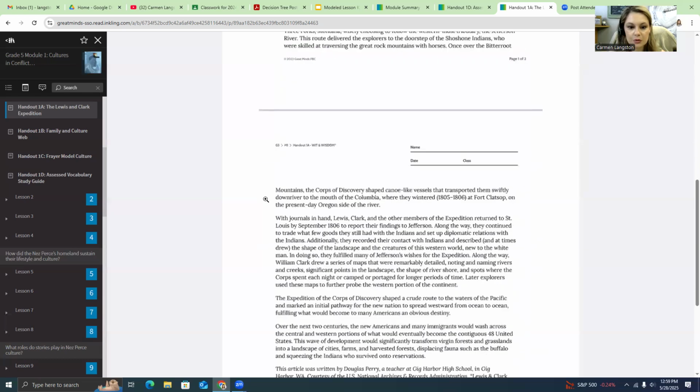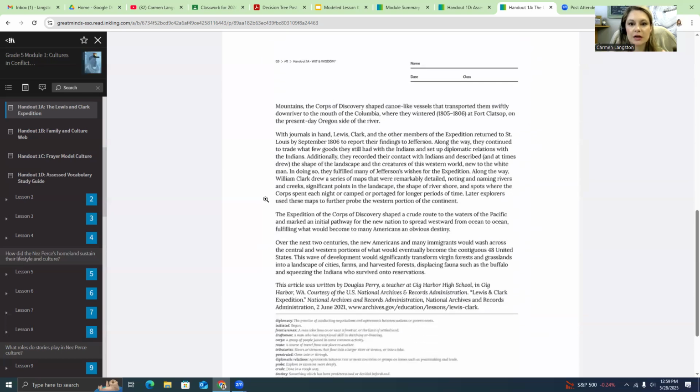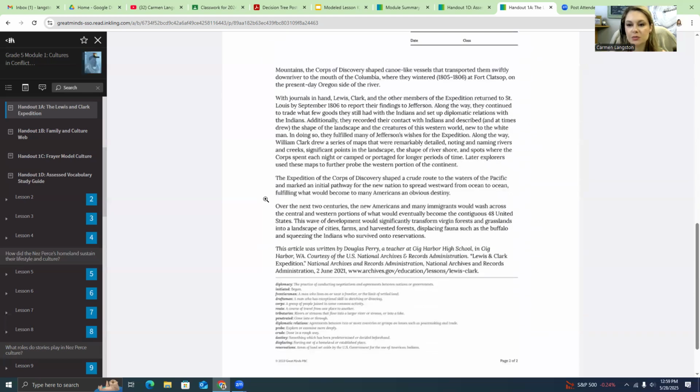Once over the Bitterroot Mountains, the Corps of Discovery shaped canoe-like vessels that transported them swiftly downriver to the mouth of the Columbia, where they wintered from 1805 to 1806 at Fort Clatsop on the present-day Oregon side of the river. With journals in hand, Lewis, Clark, and the other members of the expedition returned to St. Louis by September 1806 to report their findings to Jefferson.